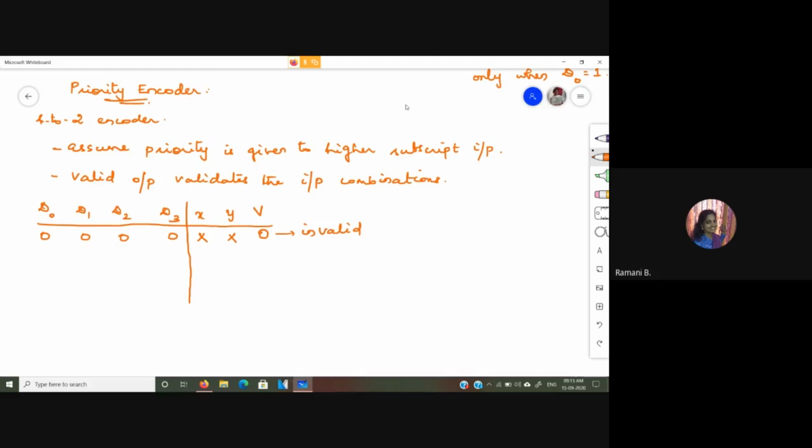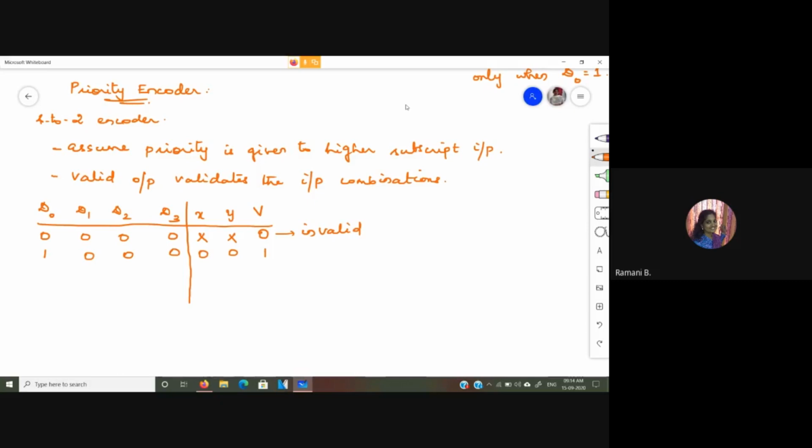Okay? Now, when D0 is equal to 1 and all the higher subscript values are 0, in that case alone, I should get the XY to be 0 and this is a valid input combination.